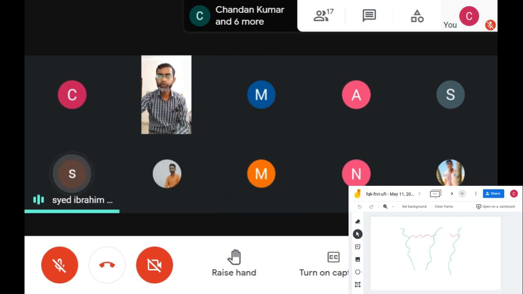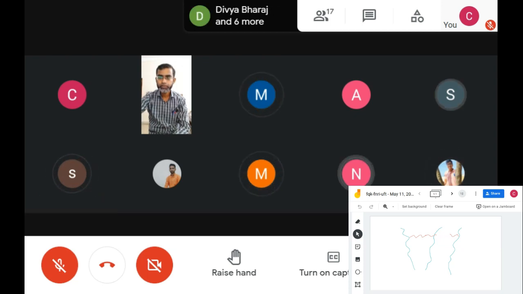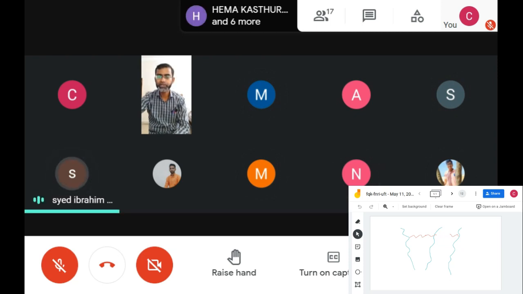So you followed whatever I was discussing about the disulfide bridge? Yes, sir. Just let me know immediately, because I'm afraid I have to repeat the entire thing. If you see the disulfide bridge in the protein, a single polypeptide may be running like this, another polypeptide may run like this.